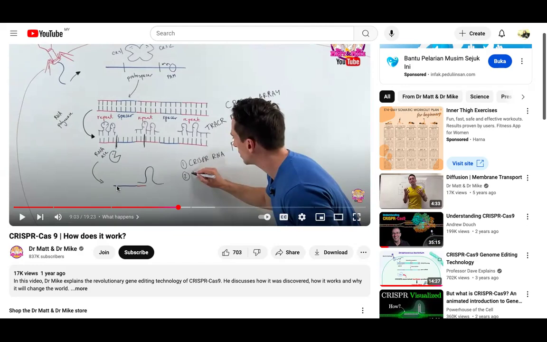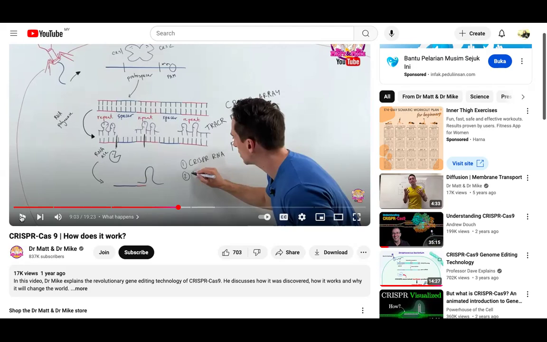This repeat matches some part of the tracer RNA. So you have this combination called CRISPR RNA. Just now this one is pre-CRISPR, this one is tracer RNA. The combination of these two gives us CRISPR RNA.